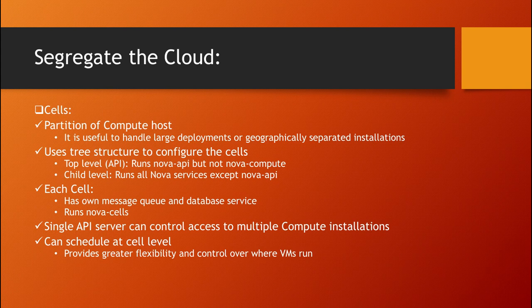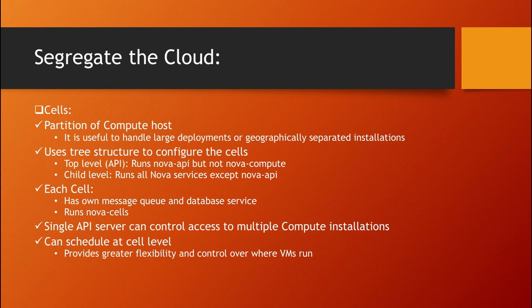And then you have the child level. Inside the child level you run all the Nova services except the Nova API. So this is like the backend for your top level. It will have actual instances running inside your child level, but it will not have any Nova API to directly accept any external request.